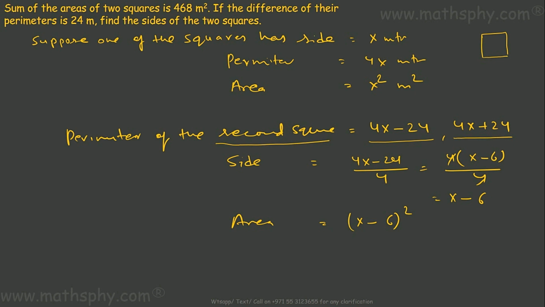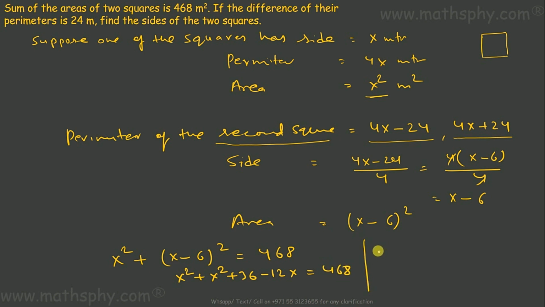Now it says sum of the areas of two squares is 468. Area for first square is x square. So x square plus x minus 6 whole square is 468. Now we can solve it. This would be x square plus x square plus 36 minus 12x equals to 468.